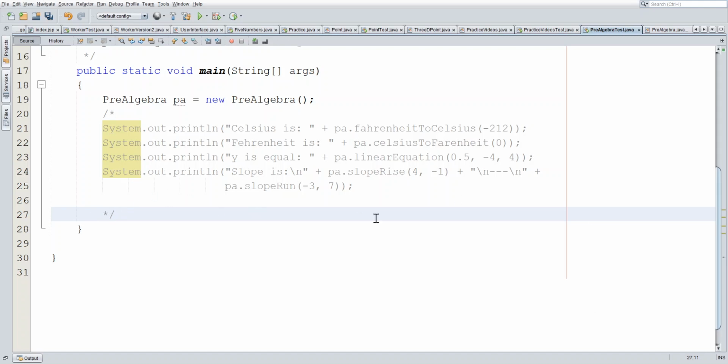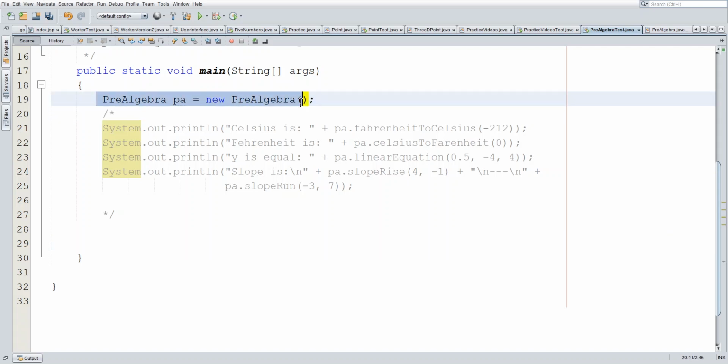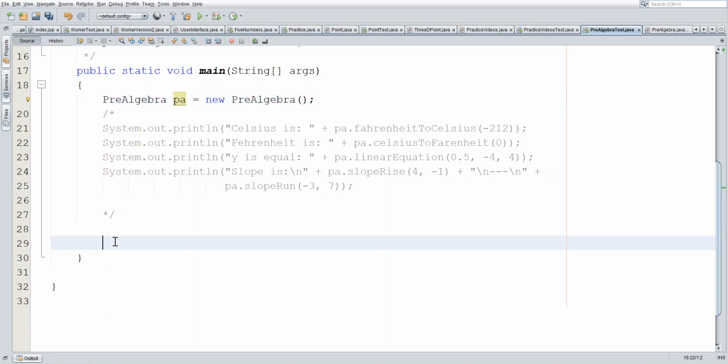So right now, none of this code exists except for us, because we can read it as the user. We just want to print out our new method. So the last time we were working with the main class, we created a pre-algebra object. We called it PA, right? So that's what we're going to keep doing.